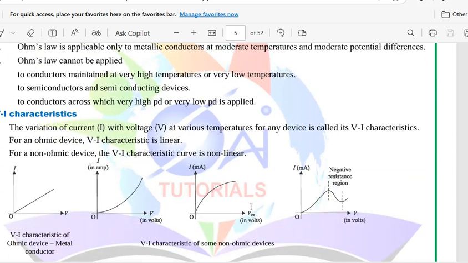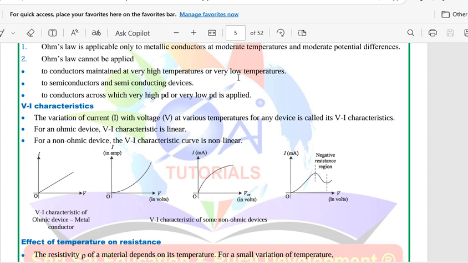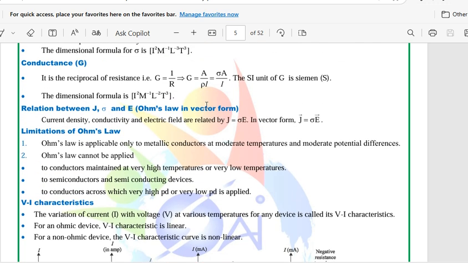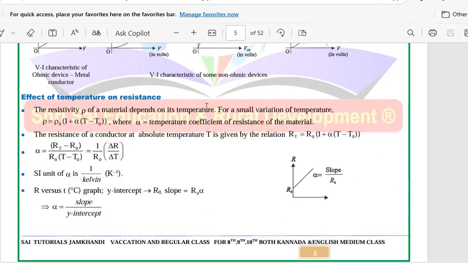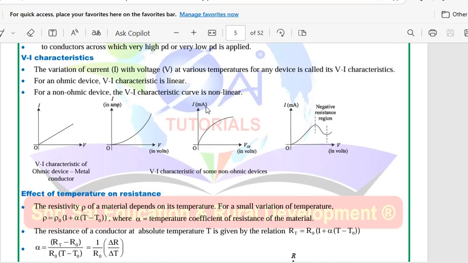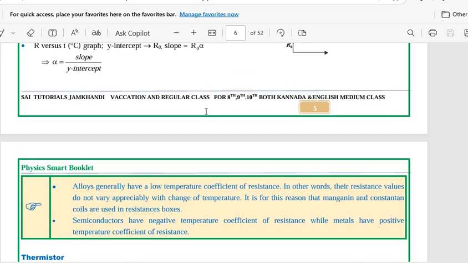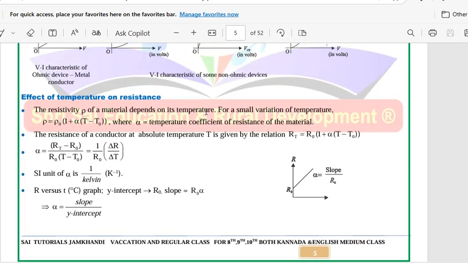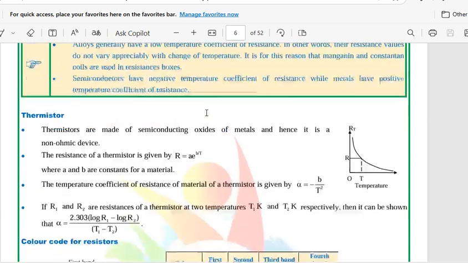And some concepts related to limitations of Ohm's law, and VI characteristics, how the graphs are going to vary, and the effect of temperature on resistance. Okay, so these are all the concepts I discussed in the previous session.